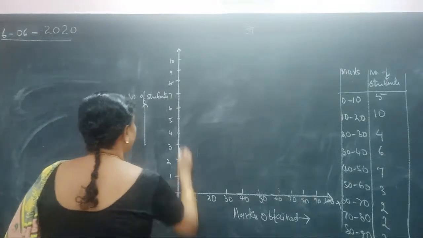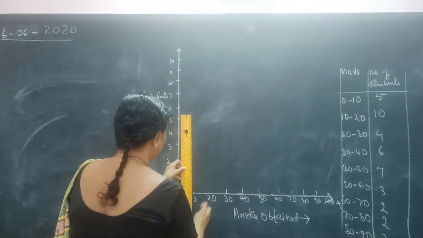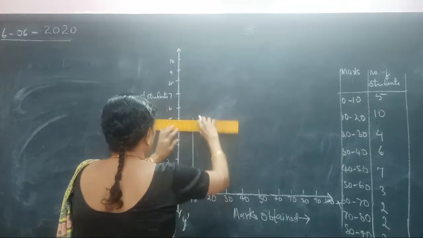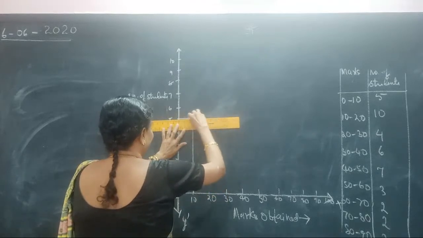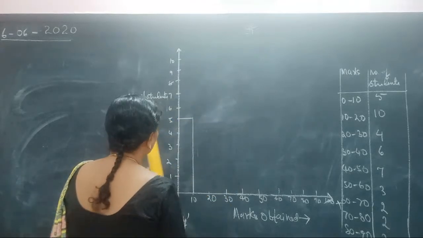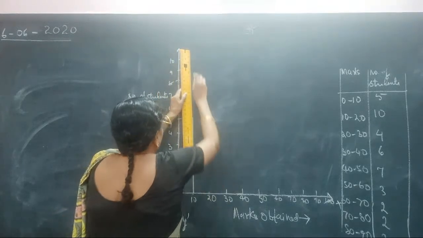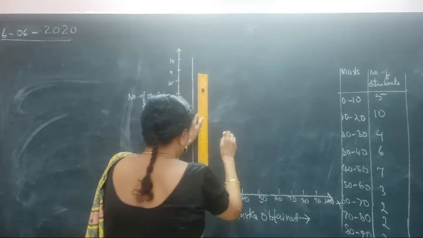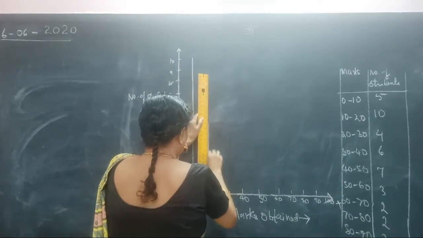0 to 10, it is 5, marking 5. Then 10 to 20, it is 10, marking 10.